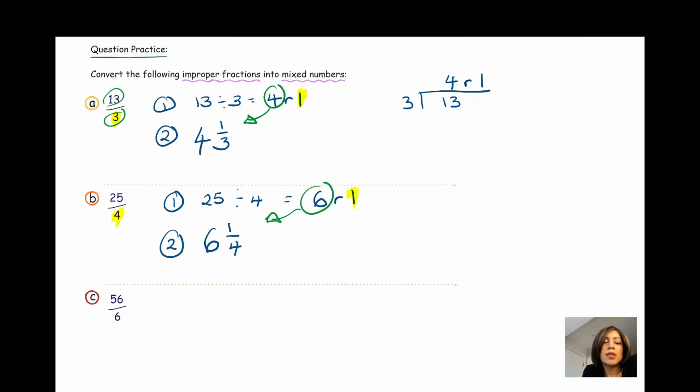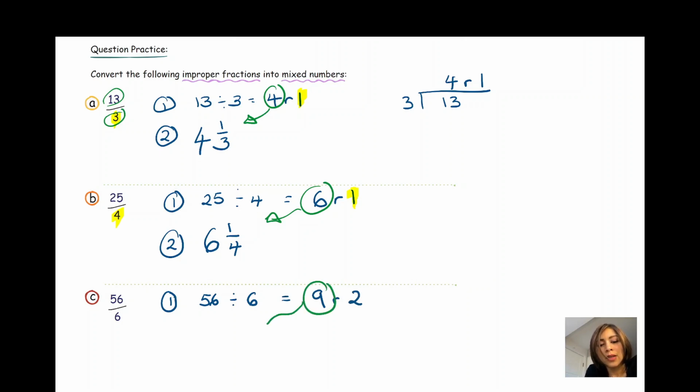Now, question C is 56/6. We want to convert this into a mixed number. Again, following the steps. Step 1, we do 56 divided by 6. We are dividing the numerator by the denominator. This will give us 9, remainder 2.